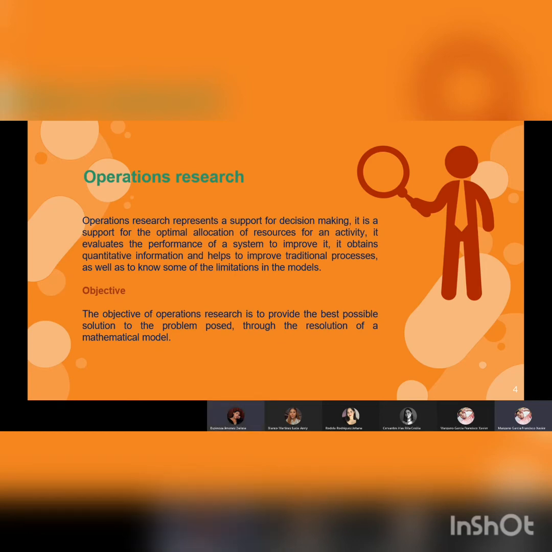Operation research. Operation research represents a support of decision making. It is a support for the optimal allocation of resources for an activity. It evaluates the performance of a system to improve it, obtains quantitative information and helps to improve the transitional process, as well as the quantifiable often eliminated into models.